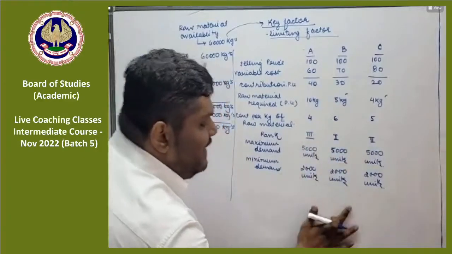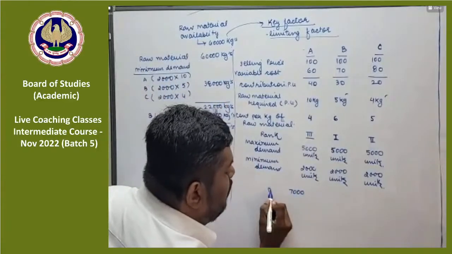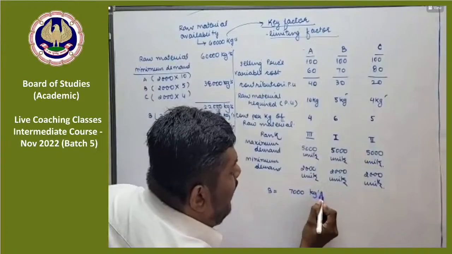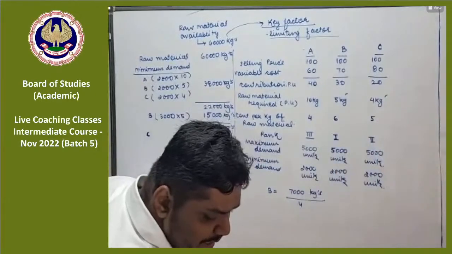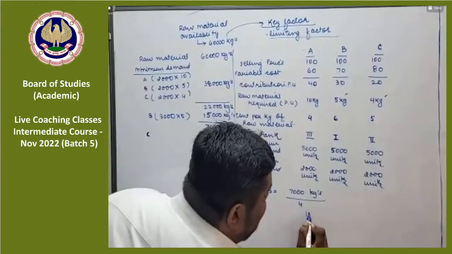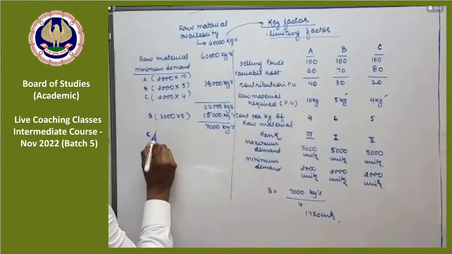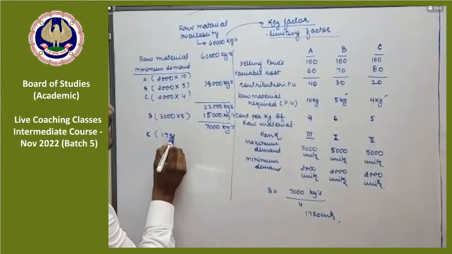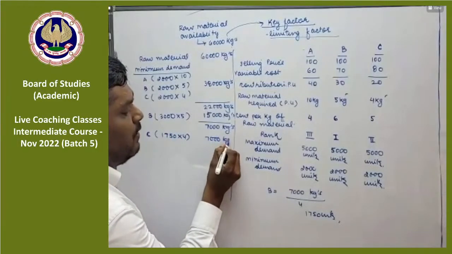No, we have only 7,000 kgs, and per unit requires 4 kgs. So how many units can we manufacture? Only 1,750 units. So for C, 1,750 into 4, that is 7,000 kgs.